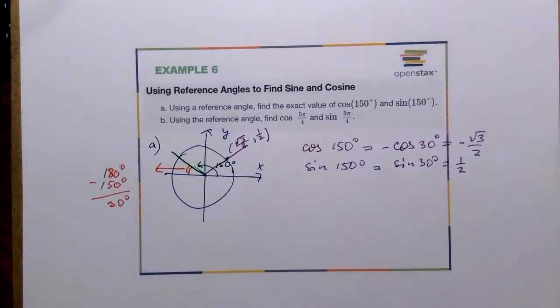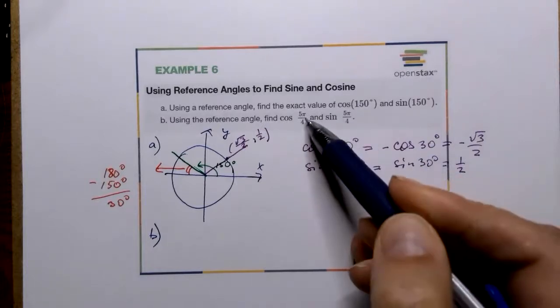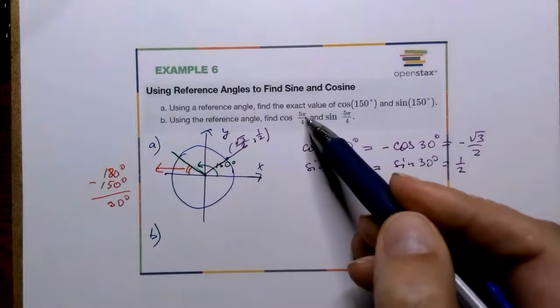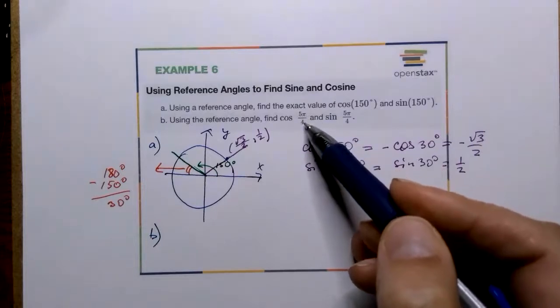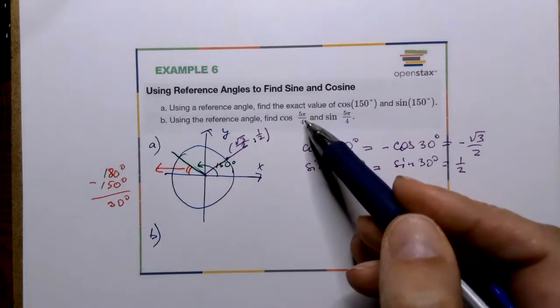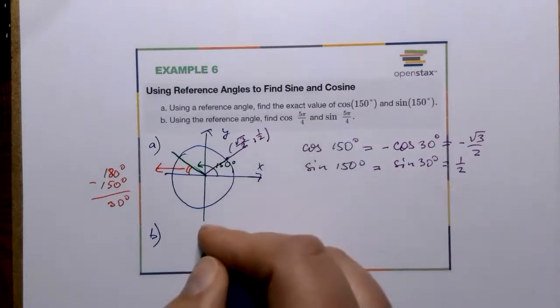Let's move on to question B. So for question B, we have 5 pi over 4. Well, if I had 4 pi over 4, that would be exactly pi. And this is 1/4 more than pi.